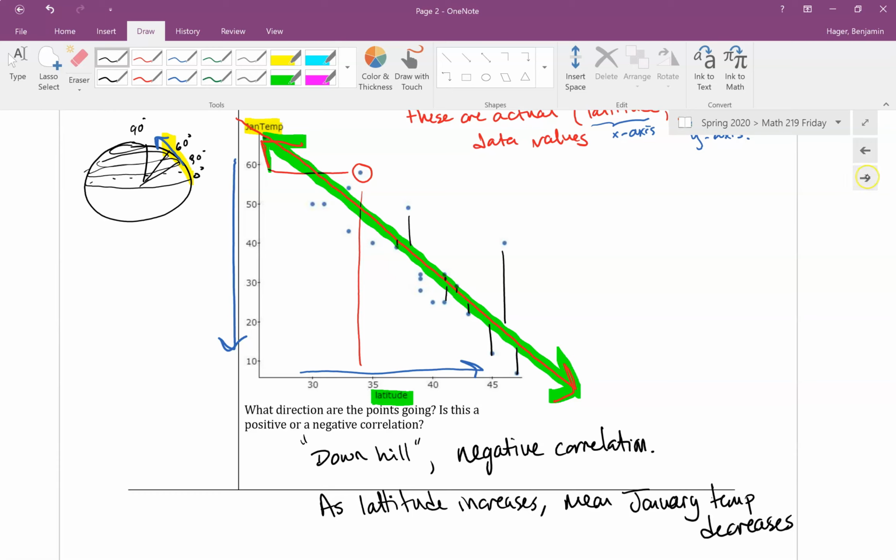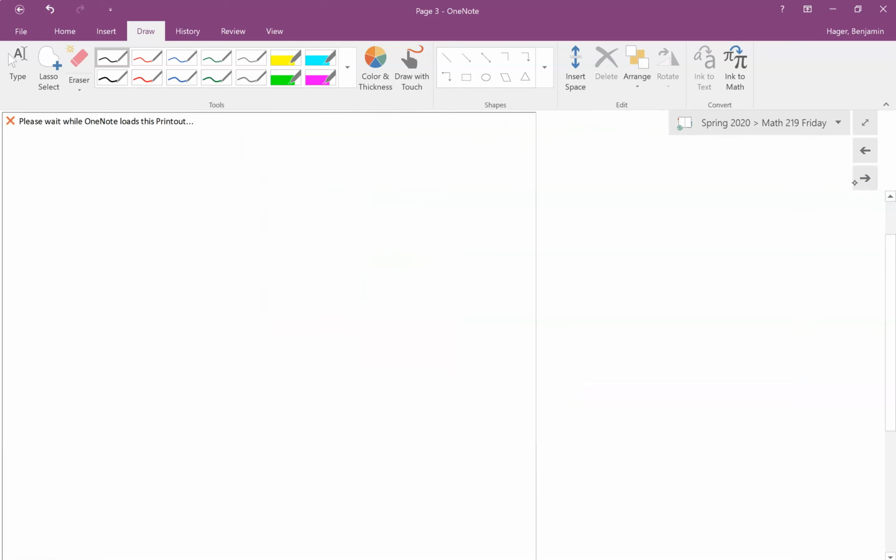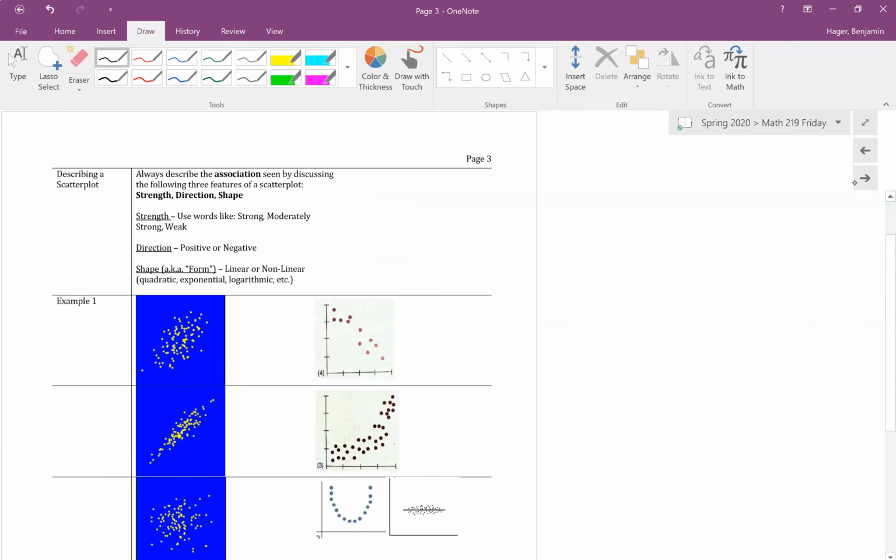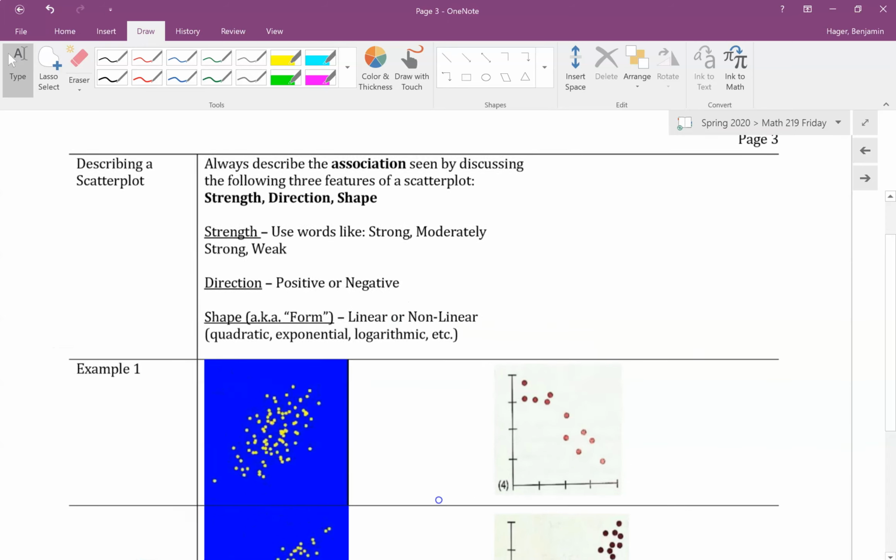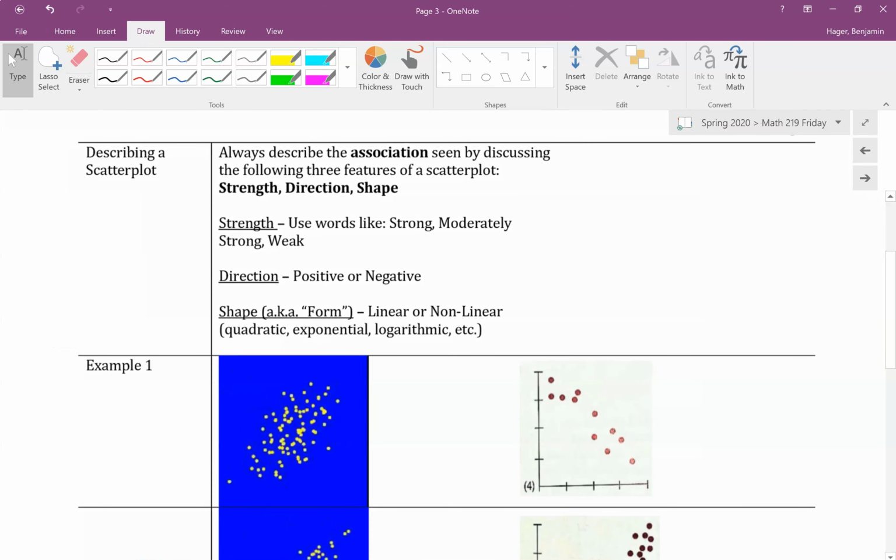So the last page just helps define this relationship a little better. If you're trying to describe an association, you can always describe it by discussing three features of a scatter plot: the strength you see, the direction, and the shape.